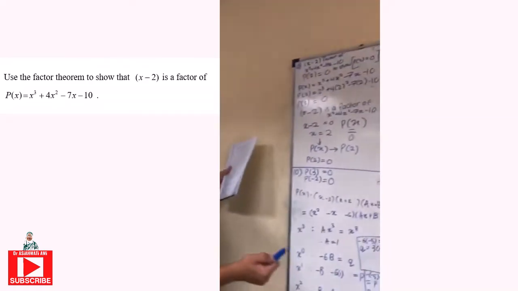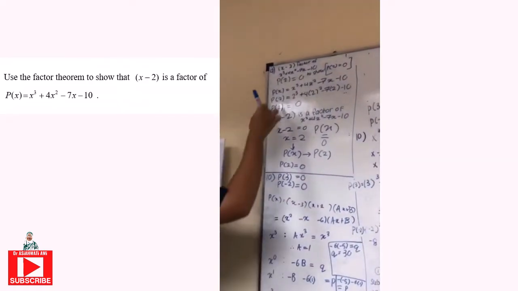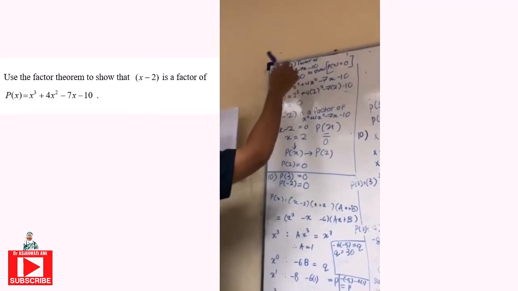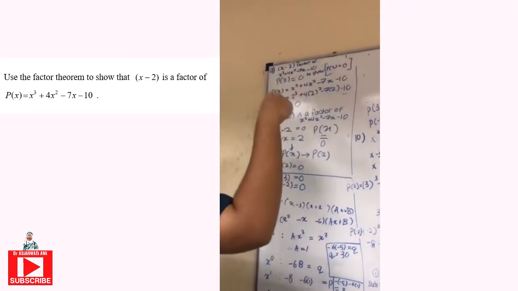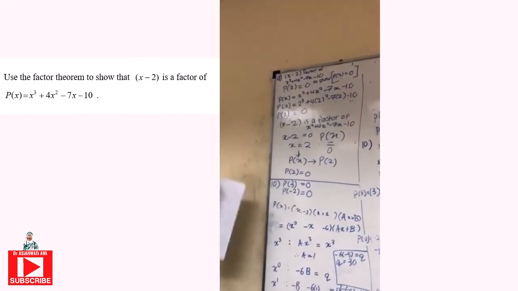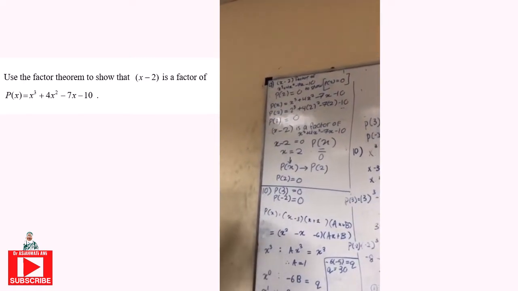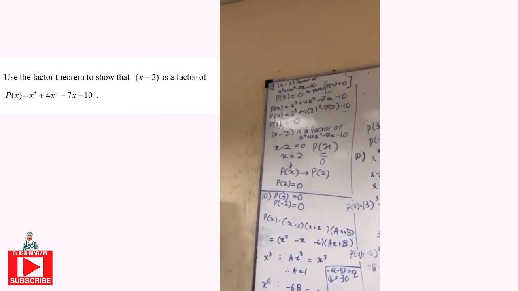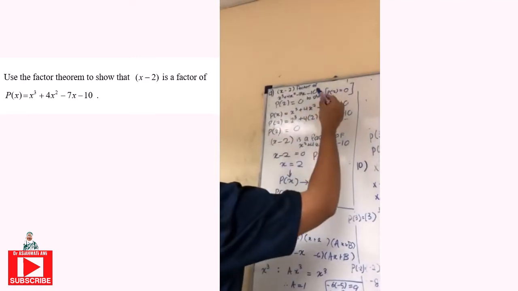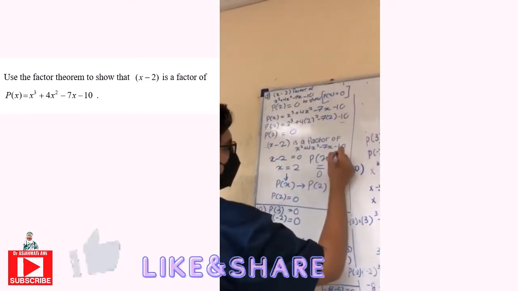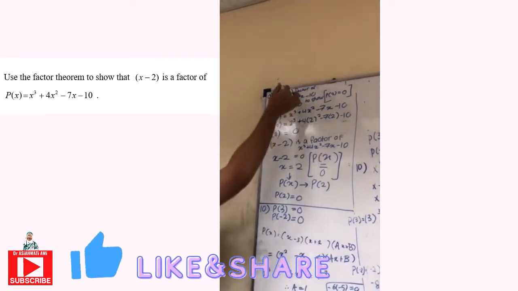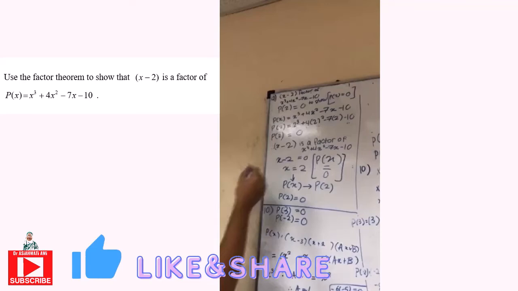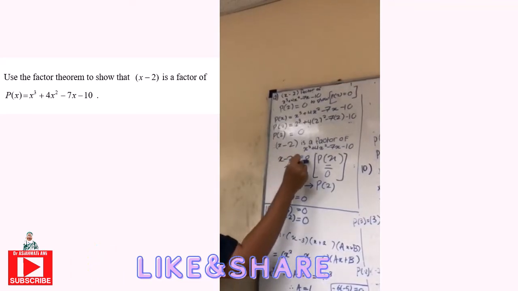Soalan nombor 9. Dia kata X minus 2 is a factor of benda panjang ni, X cube plus 4X square minus 7X minus 10. So dia suruh pakai factor theorem. Factor theorem ni kita senang kata Px equal to 0. So dia kata dia bagi dah X minus 2 kan. So kita buat macam ni, X minus 2 equal to 0.